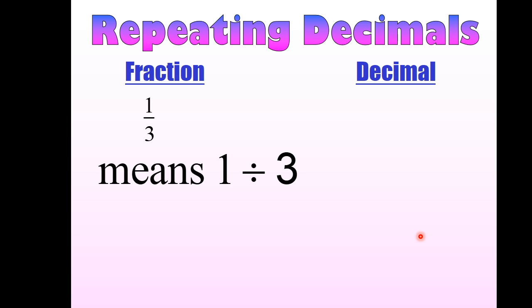So to explain it further, 1/3 means 1 divided by 3, right? That's what I said a while ago. You're going to write 0.3 bar or 0.33 bar.